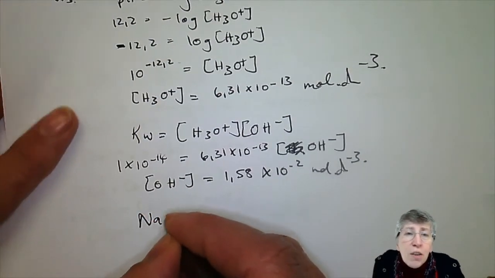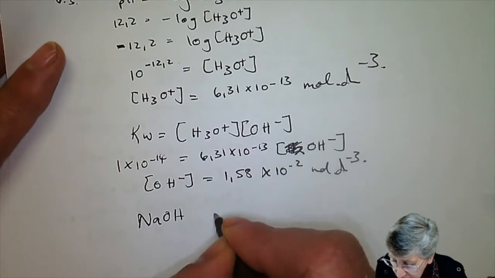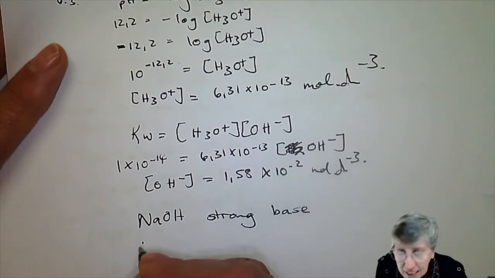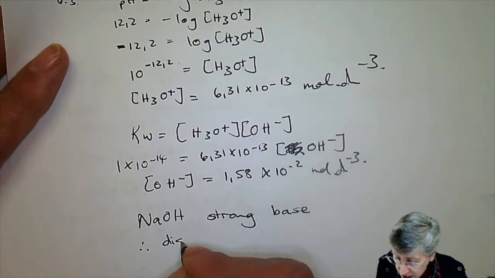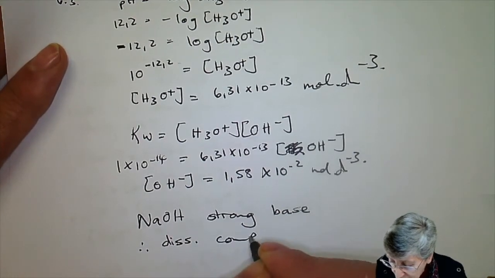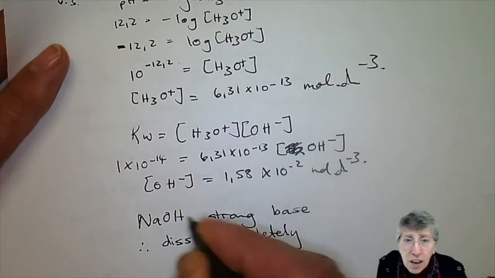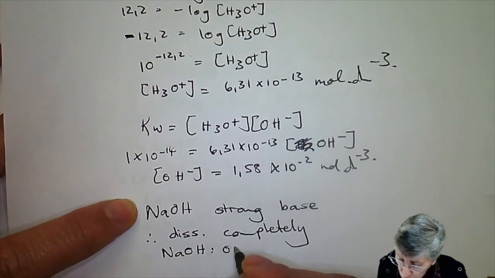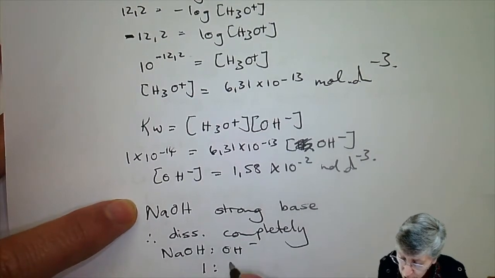Well, sodium hydroxide is a strong base, which immediately tells me this will dissociate completely. And if I look at it, I can see that 1 sodium hydroxide will produce 1 OH minus.